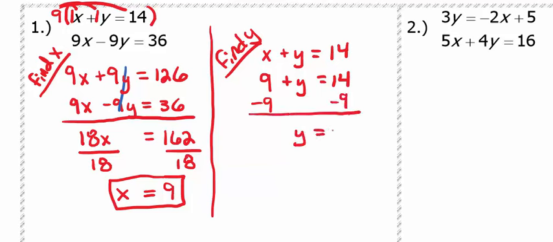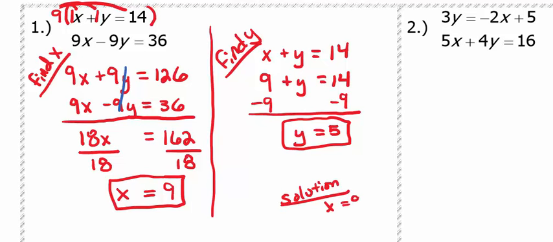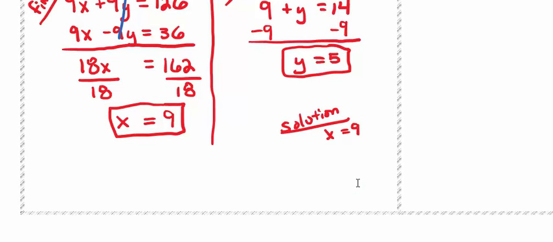Y should be 5. And so our solution is going to be x equals 9, y equals 5, or 9 comma 5 on a graph. And remember, if I were to graph those equations, the lines would intersect at the point 9 comma 5.